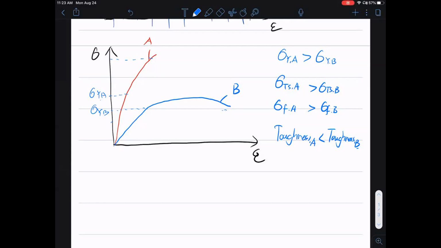Think about which part you need to have high toughness. Going through the windshield.